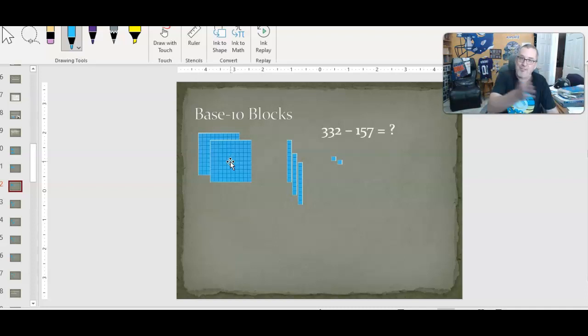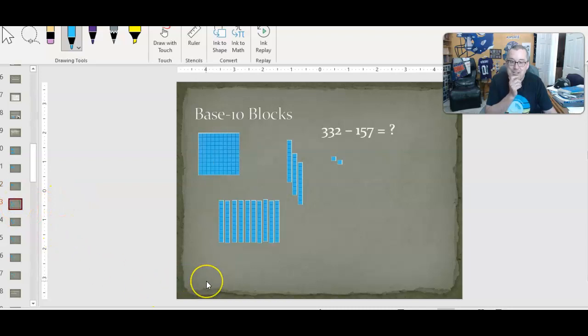We're getting ready for a later grade so that when students get here, they go, I need to take away 50. I only have 30. Oh, but what I can do is take one of these hundreds and break it apart into 10 tens. You see it now? Maybe you didn't see that coming back when we're doing place value, but this is so critical that this is a thing that we've set up.